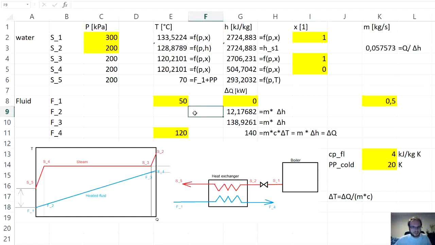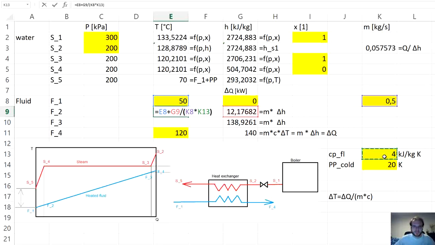And then the temperature at the point F2 is the temperature at point F1 plus this temperature difference. So the temperature at point F2 is the temperature at F1 plus the heat transferred divided by mass flow rate multiplied by heat capacity.